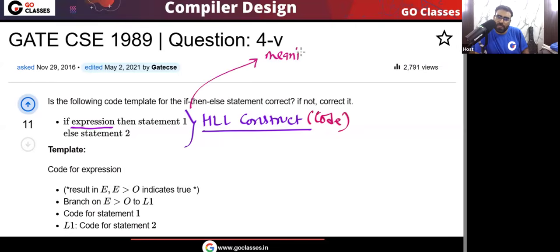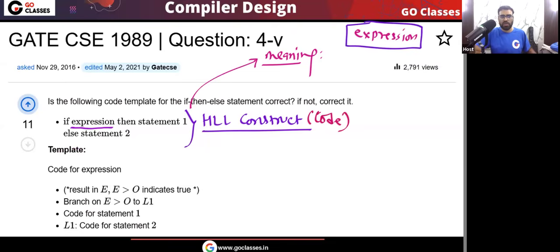The meaning is that you have this expression, and first we need to calculate this expression. The question is saying that there is a code for this expression, and the result is stored in E. So first you will calculate this expression. After computing this expression, the result you are storing in E.